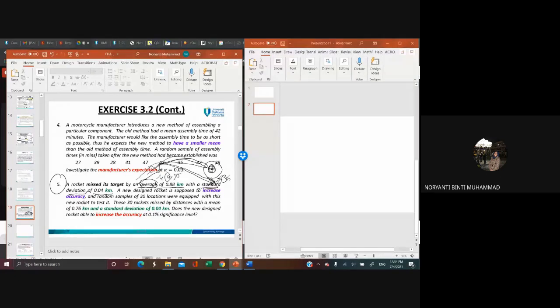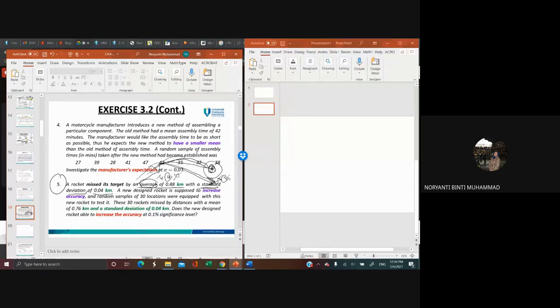So I mentioned to you, this is given in the first sentence, and it didn't mention how many rockets, a rocket, but didn't mention how many trials of this rocket were used to get the average 0.88. It doesn't tell us how many trials were used to get this average.